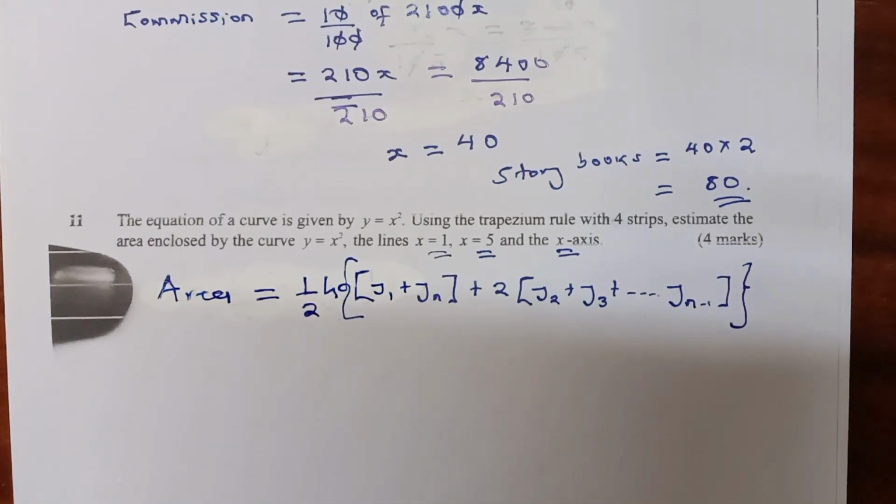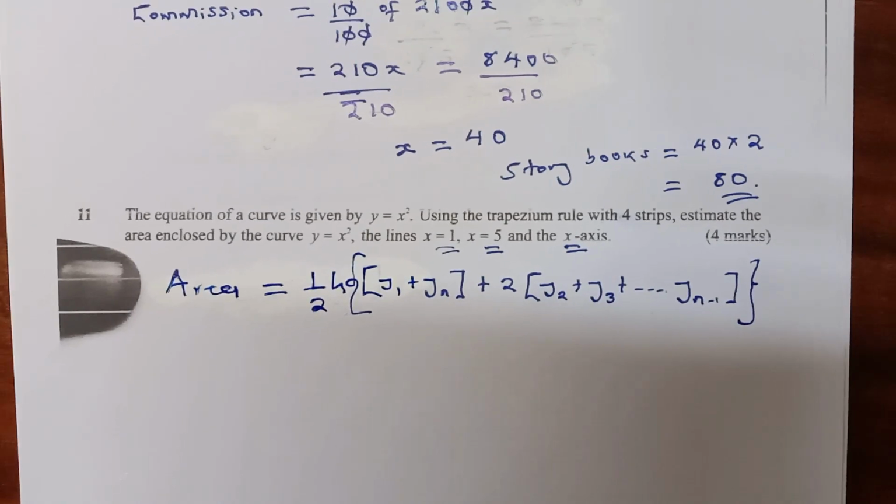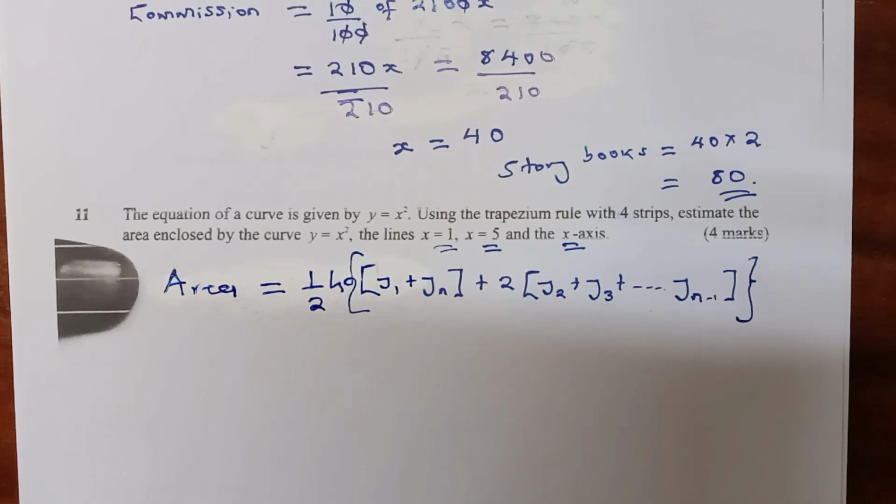This is what we call the trapezoidal rule. It can be found easily from our mathematical table.